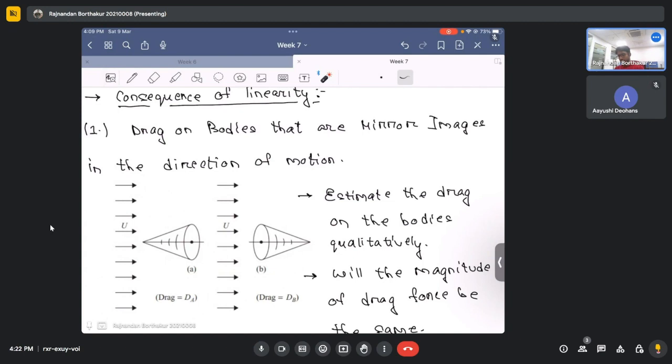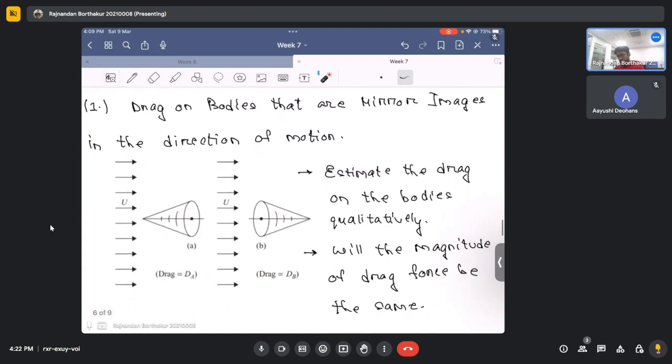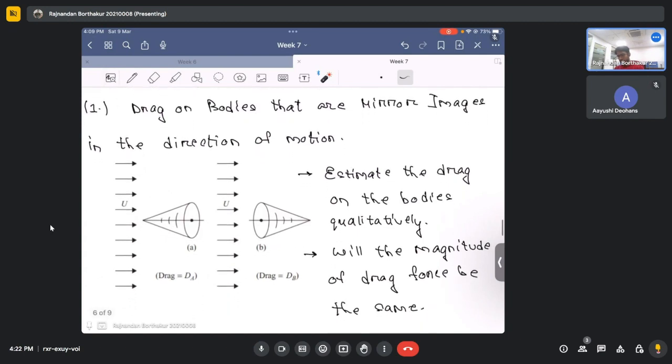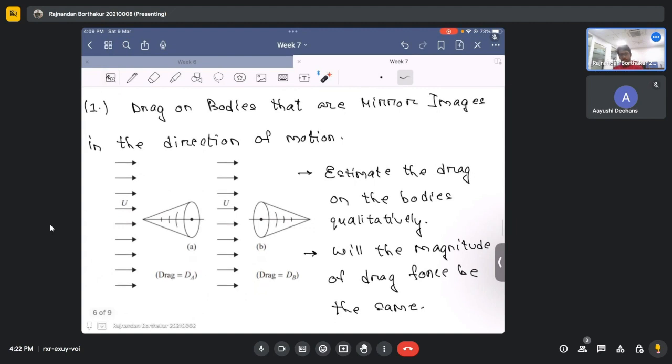Think about it. Think about the problem first. You may take some time of your own, but can you guys come up with the answer on this?